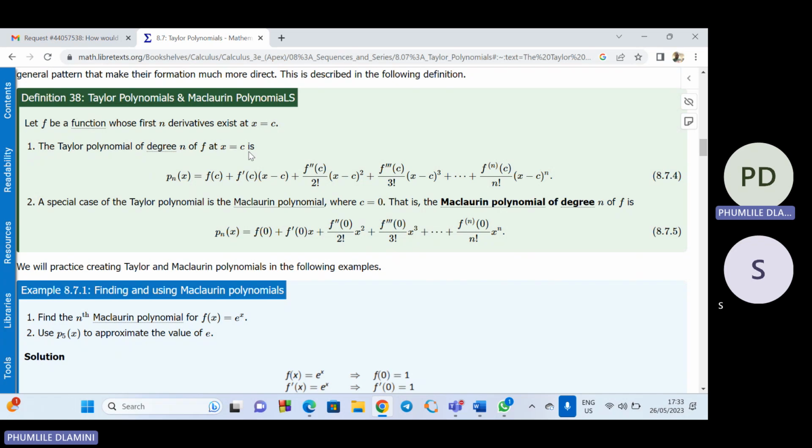Even if you use exactly this formula the way it is there, you will see that you get exactly the same thing that we have been doing until the end. So it's still the same thing.